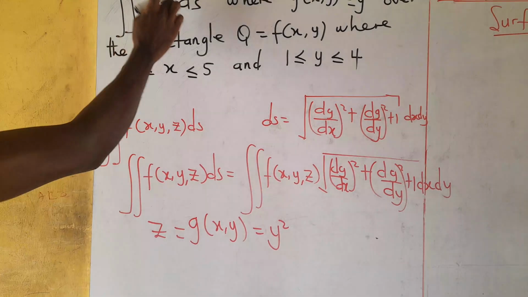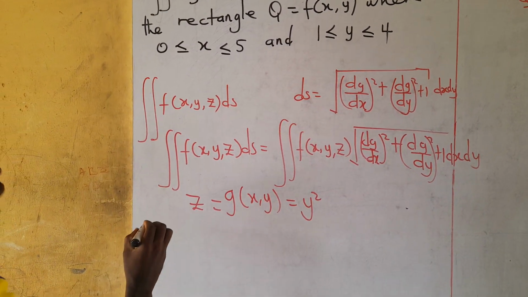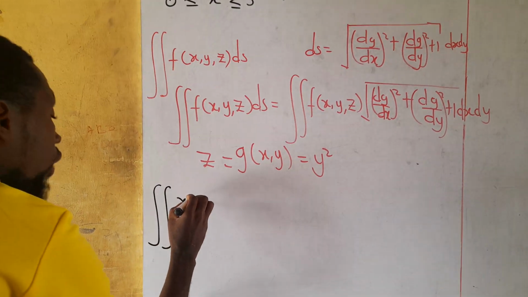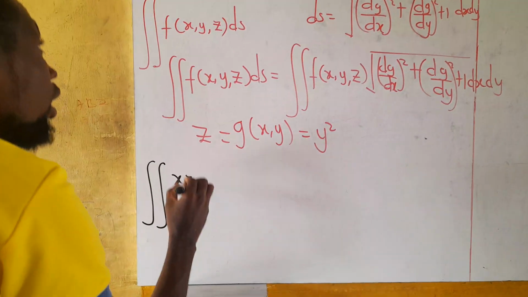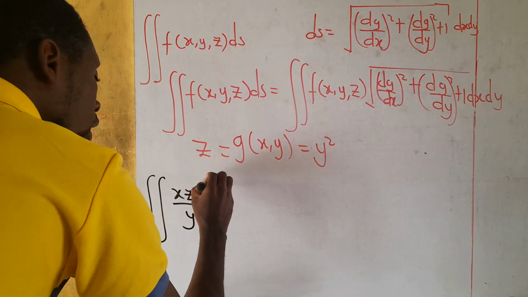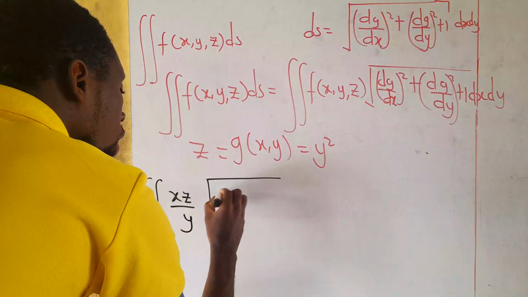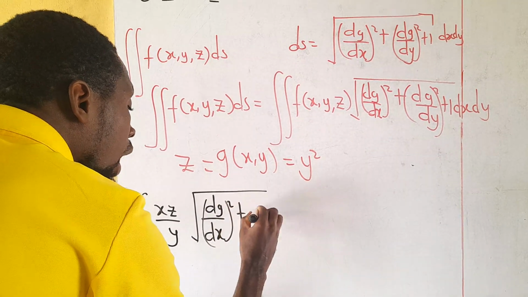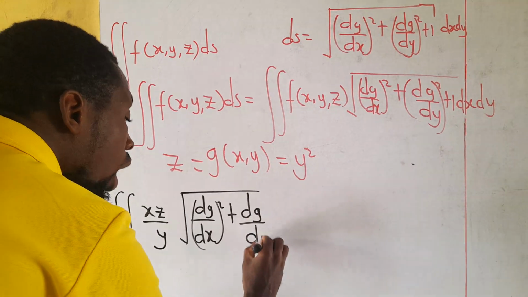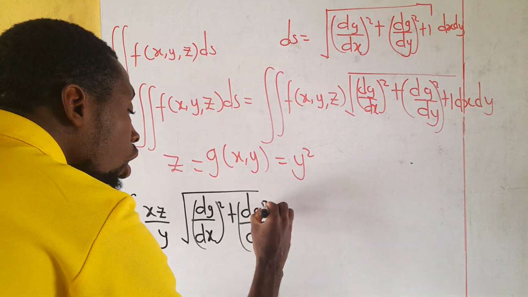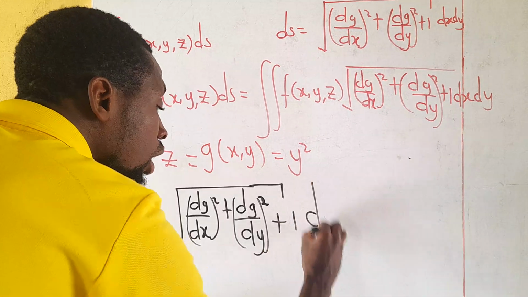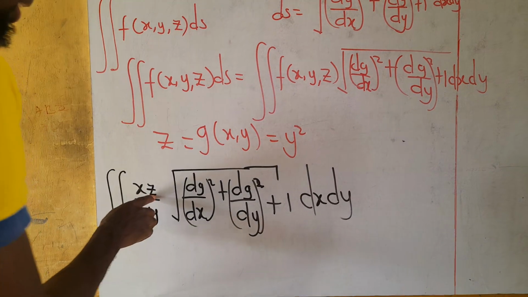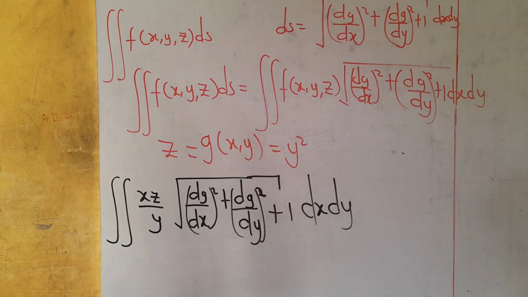So we can say this problem is the double integral of xz over y, then the square root of dg over dx all squared plus dg over dy all squared plus 1, dx dy. I hope you get that. And remember, z is equal to y squared. We substitute that into it.